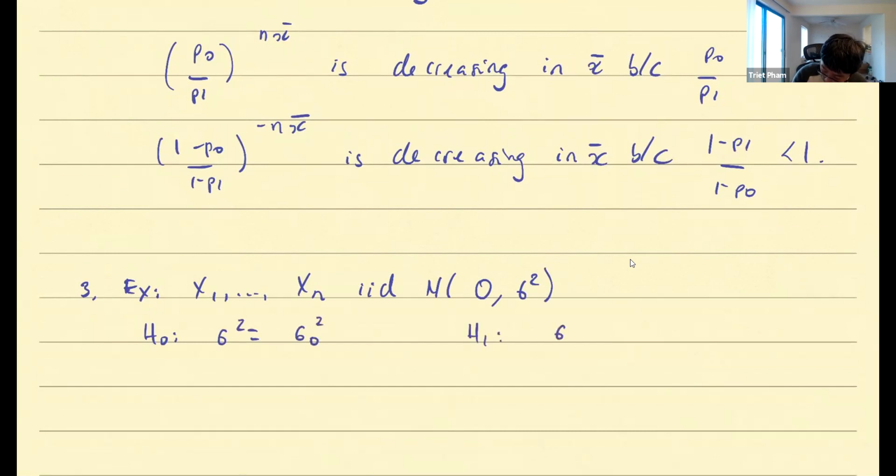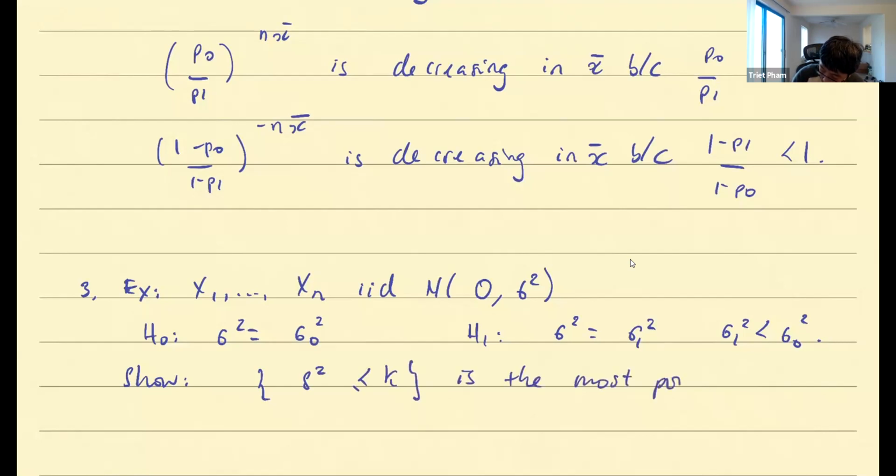H1: sigma squared equals sigma 1 squared. Suppose sigma 1 squared is less than sigma naught squared. I want to show that S squared less than K is the most powerful region. Is it okay?